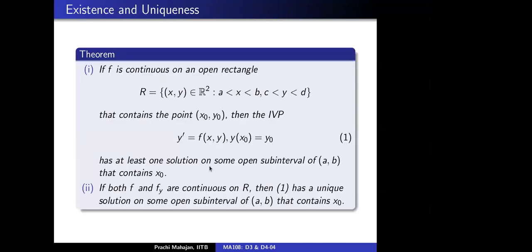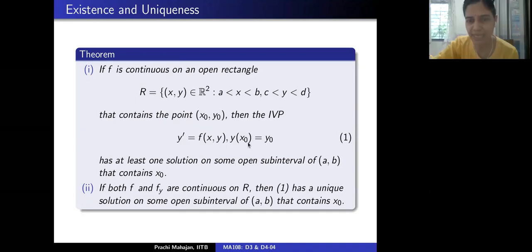See, what do I have in this example? x naught is 0. The theorem says that on some open subinterval of (a, b) that contains the origin, so I am just writing that open subinterval that contains the origin as -epsilon naught to epsilon naught. There is no guesswork here.